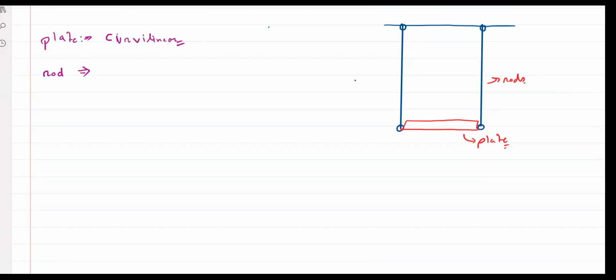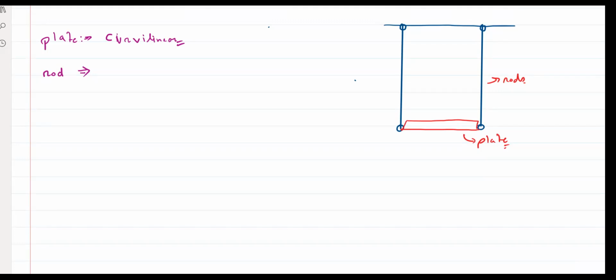Makes sense, right? Yes, because when you talk about the length of the plate, it will not turn with respect to any point. So the plate will have curvilinear motion.